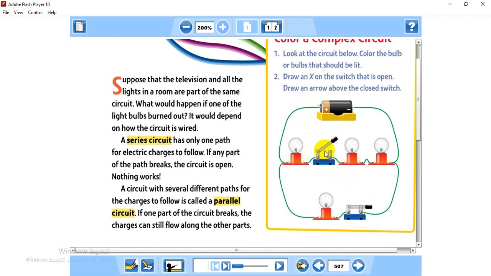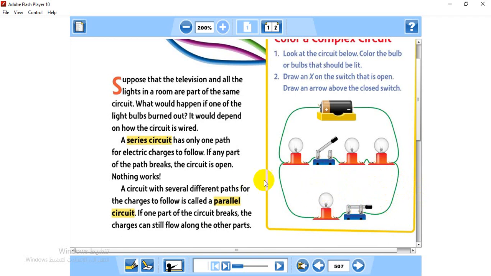Then they are asking you to tell us about the light that will work. Which light will work? I told you this one will not work anymore, because the switch here is open. But what about this one, the second loop, or the bottom loop? This one is an independent circuit.